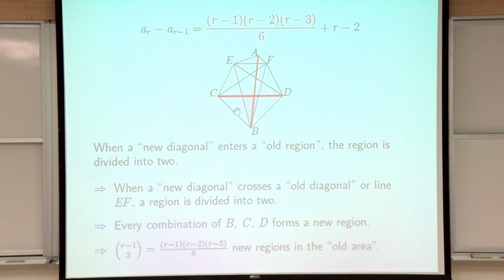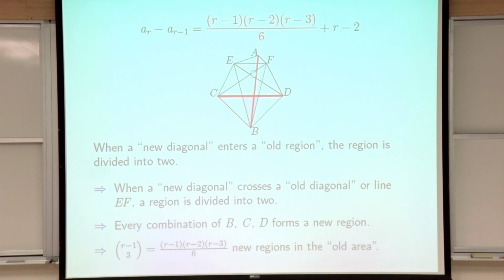So instead, we can count the number of such crossings where a new diagonal crosses an old diagonal, or EF. So how do we count it?